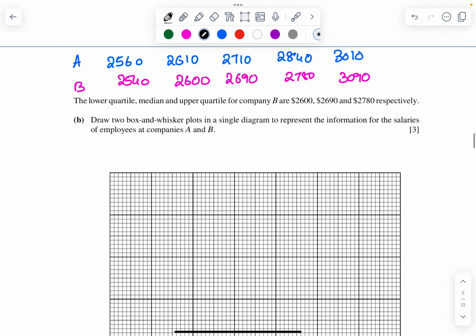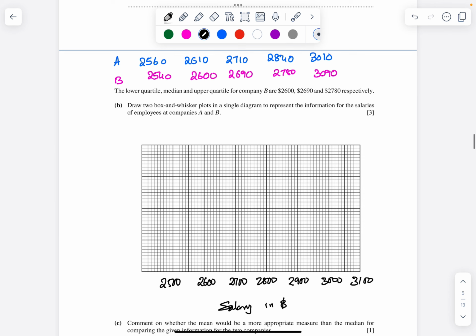Now let's start with A. 2560 will be in the middle over here. So we can see 2560, 2610, 2710. There are 10 lines, therefore each line is 10.